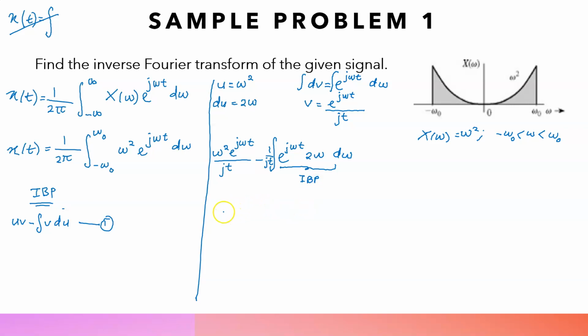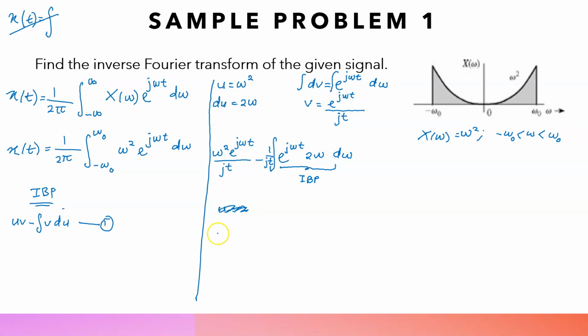So let's say this time I choose u to be 2 omega, because this 2 is a constant, so actually we can bring the 2 outside. Before that, let's just rewrite this again.